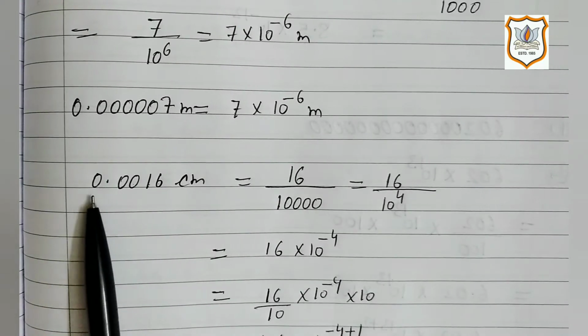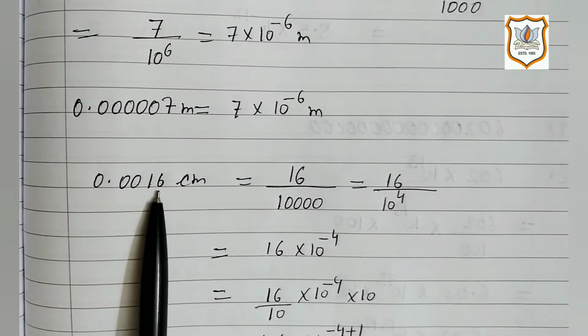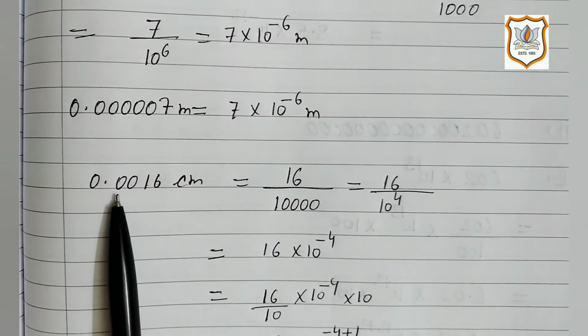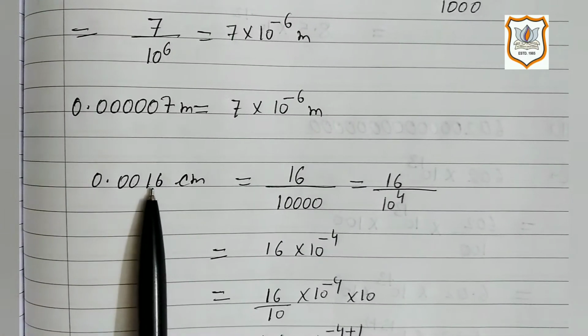Another example, 0.0016 centimeter. How many zeros after the decimal point? 1, 2, 3, 4.